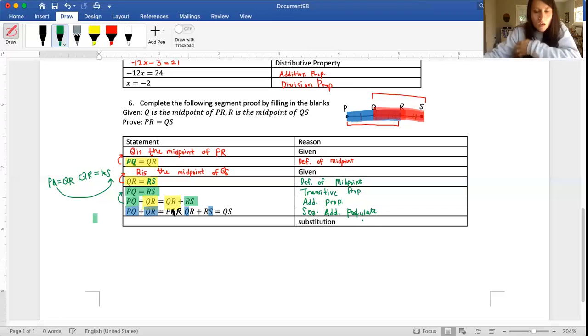Okay. So then on the final thing, of course, my end statement is always going to be restating what's said above: PR equals QS.